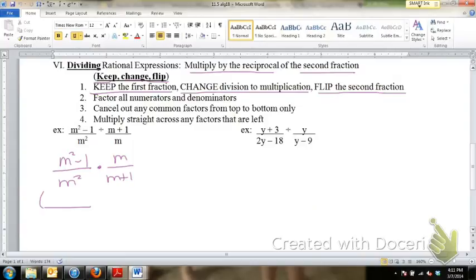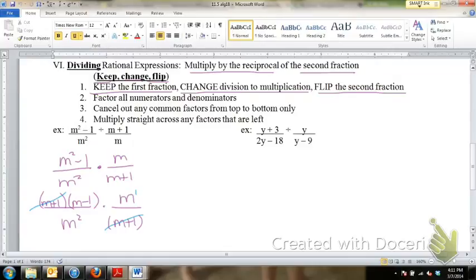I have a difference of 2 squares on the top here, so m plus 1, m minus 1, m squared, m plus 1. Alright, so what can I simplify? Well, I can do m plus 1 and m plus 1. Now I am allowed to simplify the m and the m squared. This is m to the first.